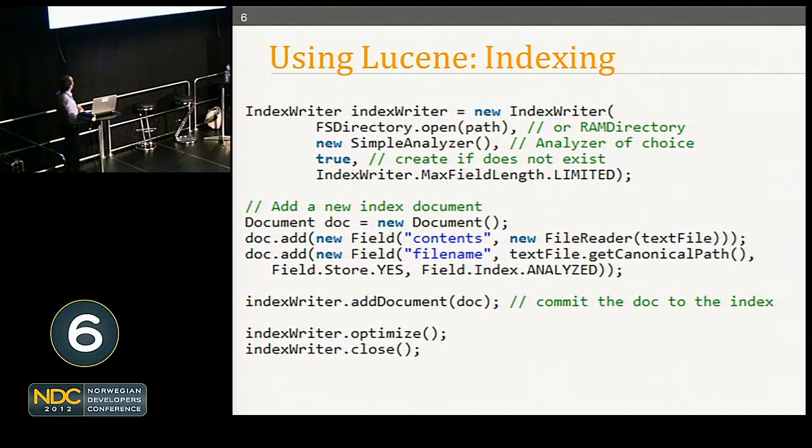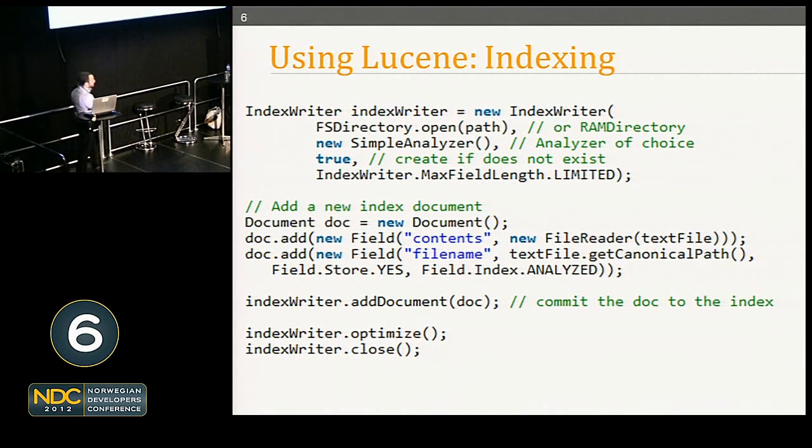So I'm going to index my file system. I'm creating a new field called contents, and a field called file name. I'm storing the file name. It is actually indexed here as well, but I'm storing it so I can get it later. And I'm reading the file and throwing it into the contents field. That contents field I'm going to search on later.